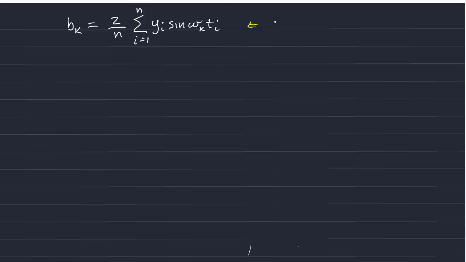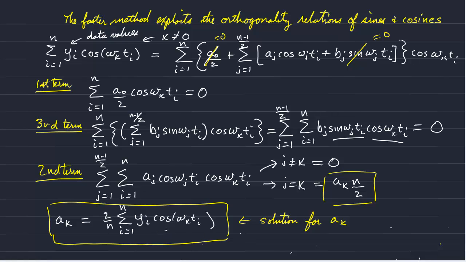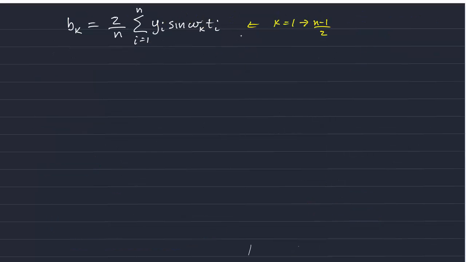Okay, and this is, again, for k equal to 1 to (n minus 1) over 2. Right. So this is true, again, for k equals 1 to (n minus 1) over 2. And likewise for the sine function.